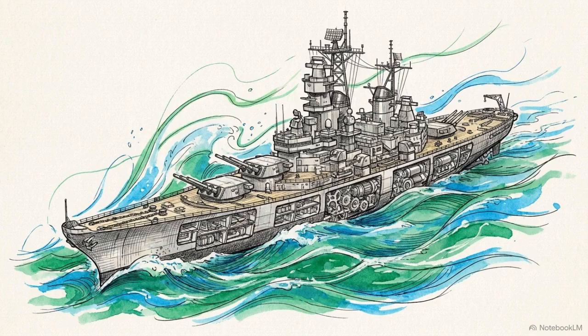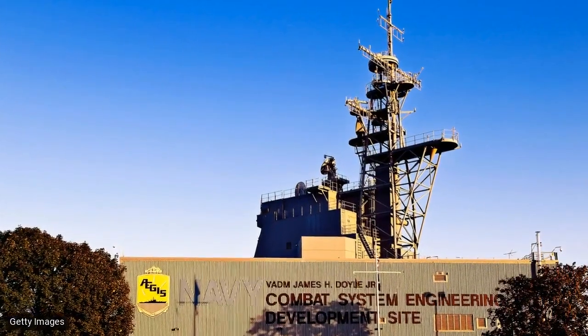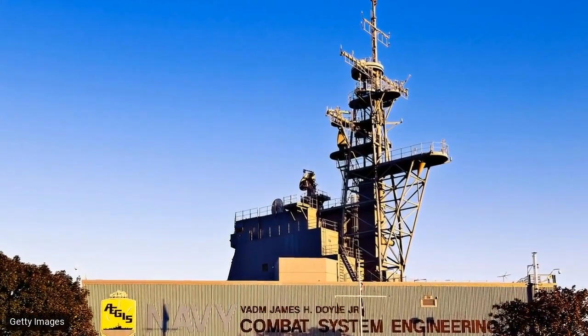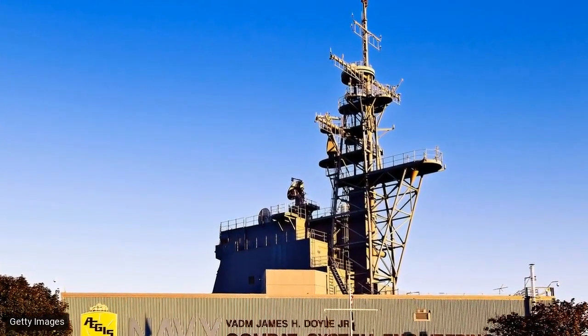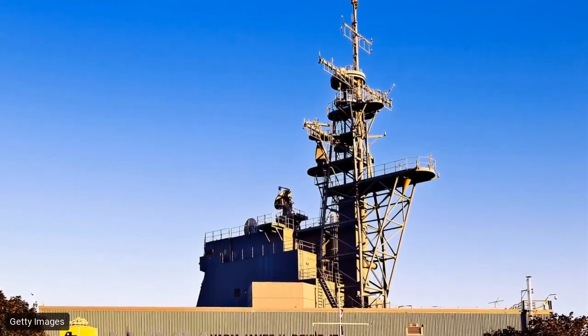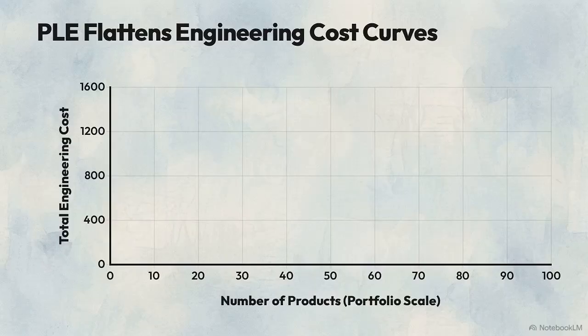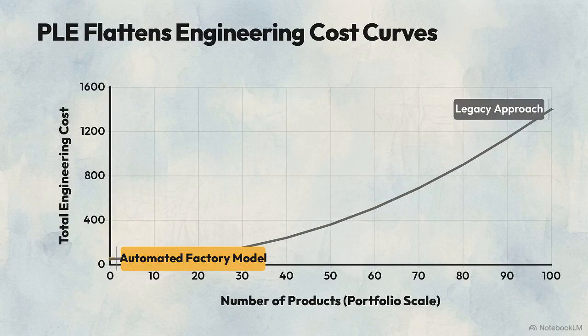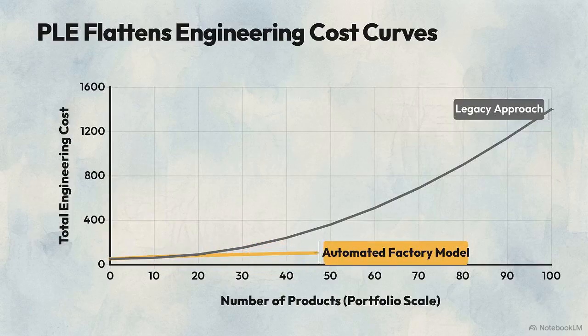This rigorous centralization has a significant macroeconomic impact when deployed on massive defense-scale systems. This is the Navy Combat System Engineering Development Site, anchoring the Aegis weapon system, a prime example of operating at maximum engineering scale. We quantify this by plotting number of products against total engineering cost. With traditional methods, maintaining separate code bases causes cost to balloon exponentially.